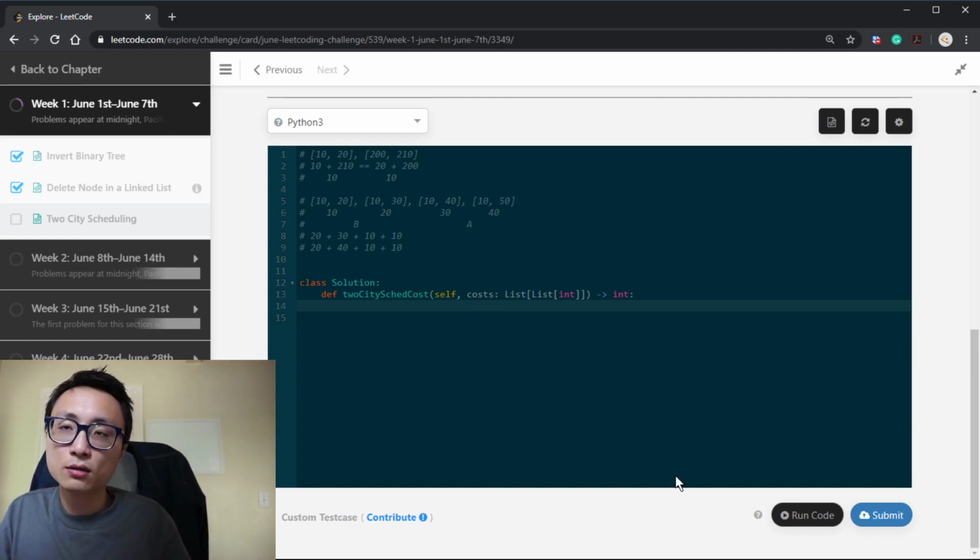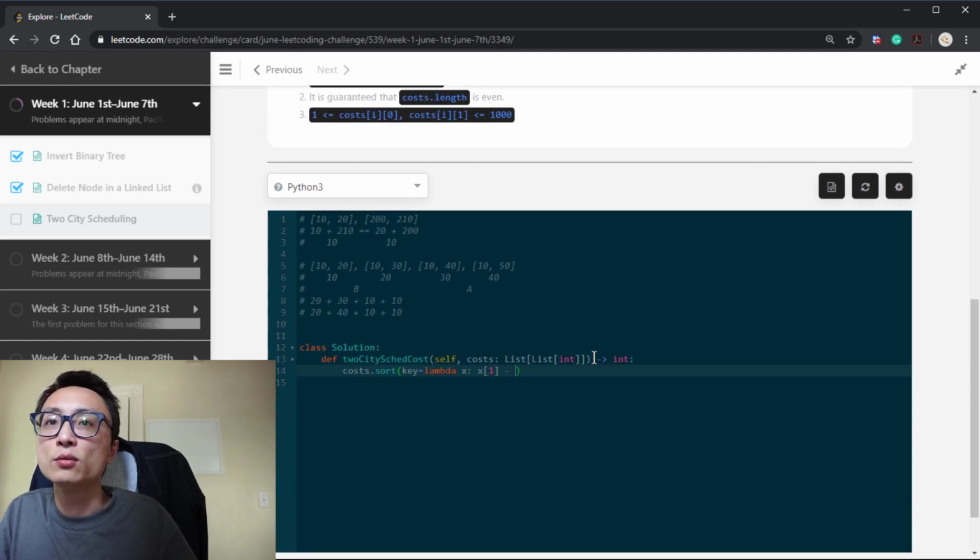Let's code this. We're just going to sort by the difference, with city B's price subtracted by city A's price.